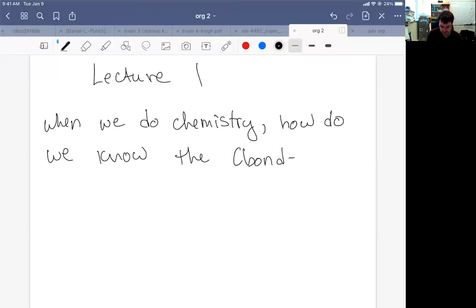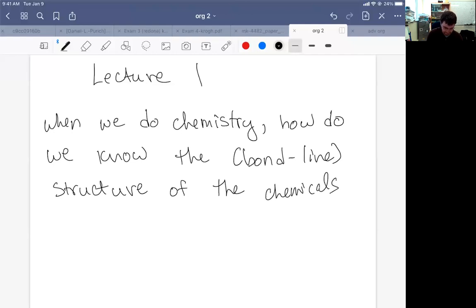And by structure, I'm referring to the bond line structure, for any of the chemicals we're working with or studying. How do we come to know the structure?